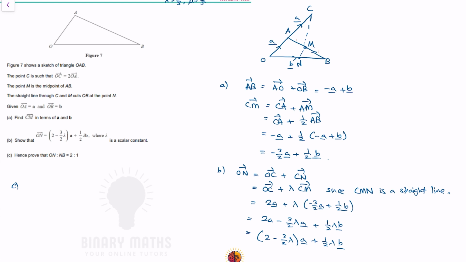Part C, hence show that O to N and N to B is equal to 2 to 1.